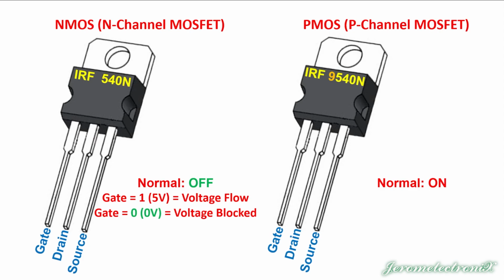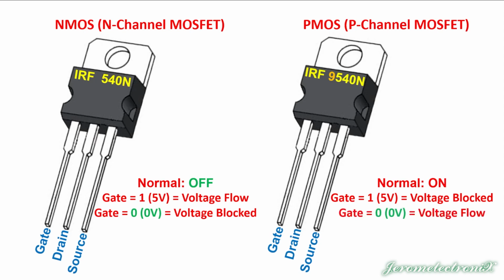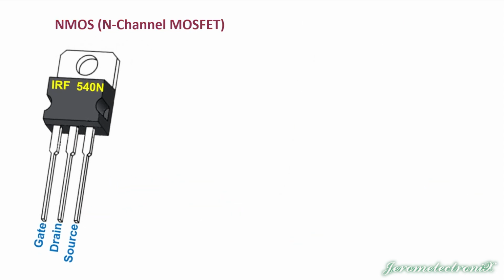Normally this is on because it is a PMOS or a P-channel MOSFET, and that means the gate equals 1, that's 5 volts. That means voltage is blocked with a 1, and 0 causes the flow of voltage from the source to the drain through the source-drain path.